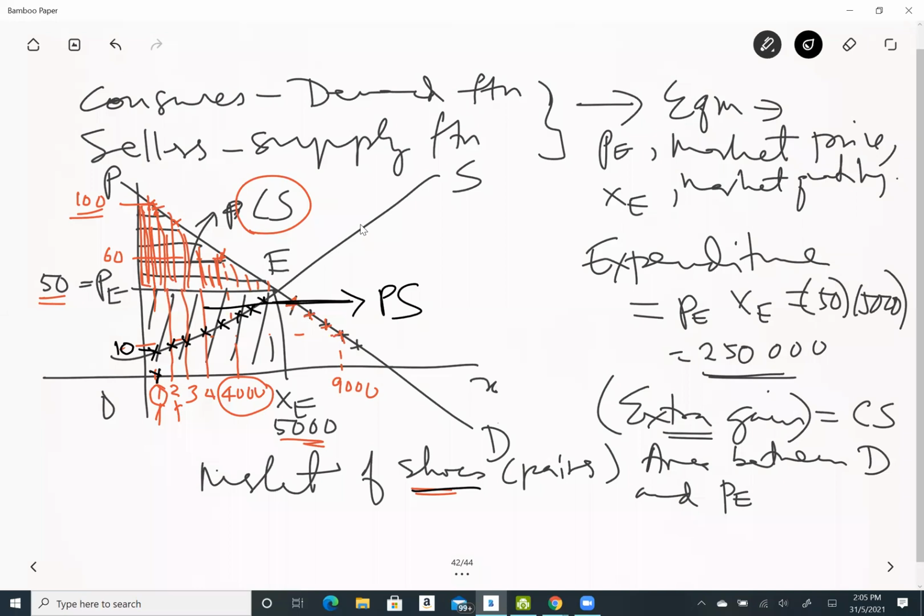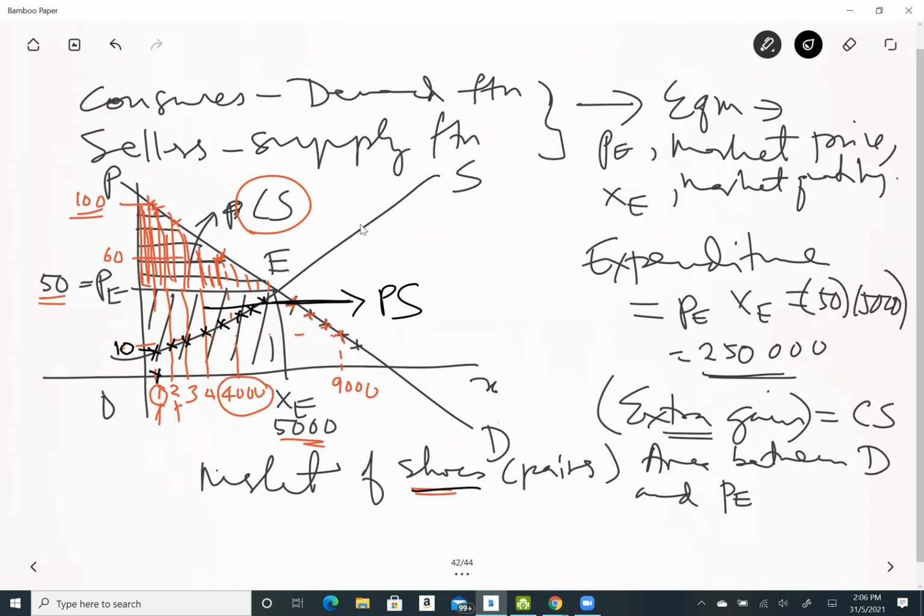For the first unit, I'm willing to sell only 10 ringgit. Because you know, the supply function, the price and quantities are directly related. Higher quantity, higher price, or higher price, higher quantity. So at the first quantity, I'm willing to sell 10 ringgit. But by doing the exchange, in which the sellers sell 5,000 pairs, what is the price that I get for that first unit?